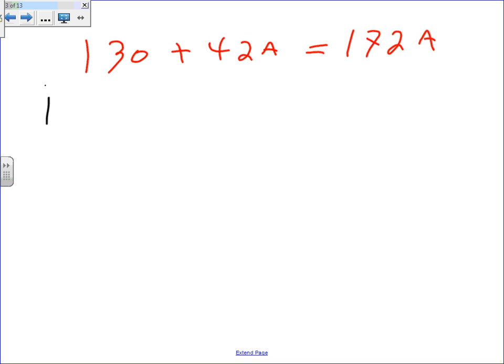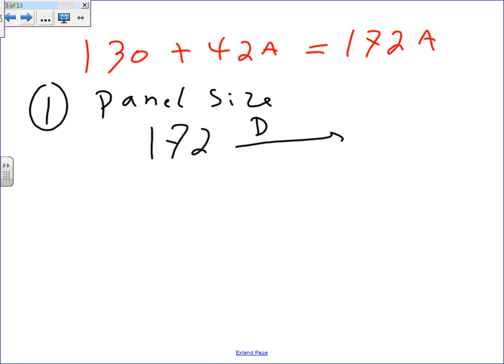So I'm going to go number one. Number one was my panel size. So I take 172. Chris, take this one to DeWalt 3-12. What's the next standard? 225, 3-phase? 172. Is there a three-phase though? Are we looking at 200?